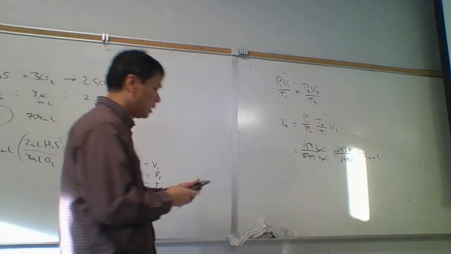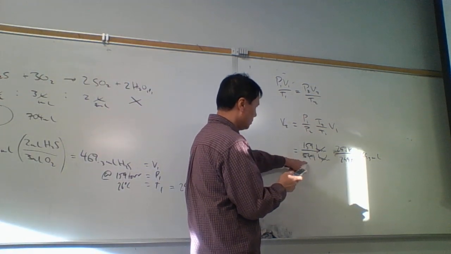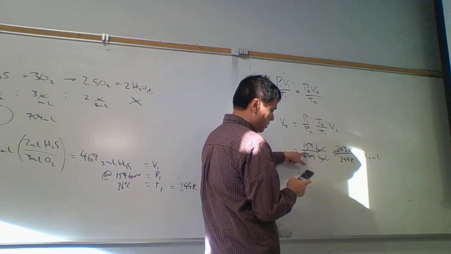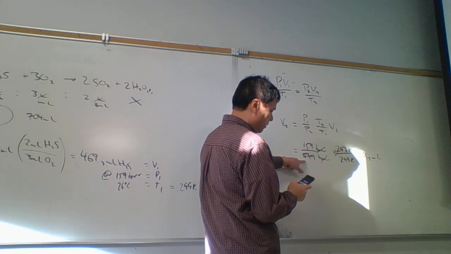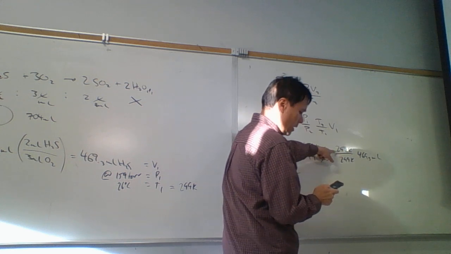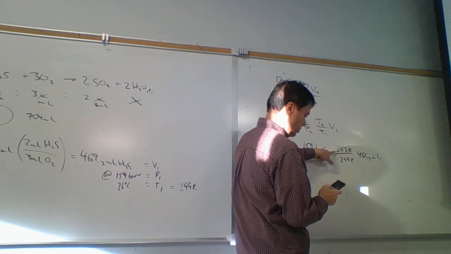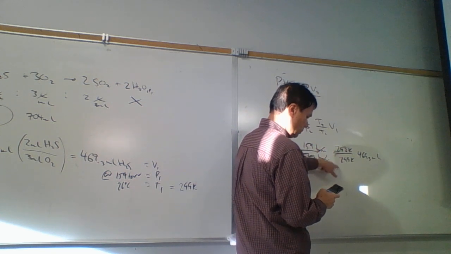All right, so what does that come out to here? Times 159 divided by 549 times 292 divided by 299.